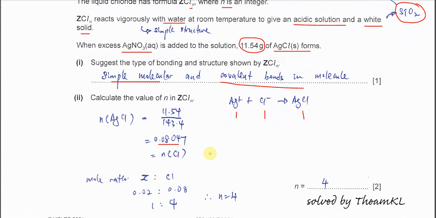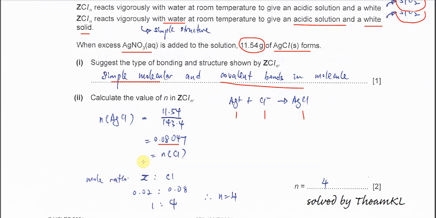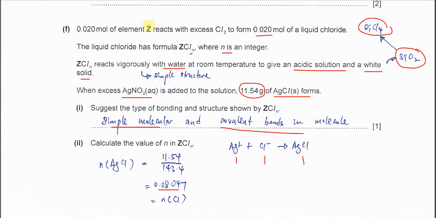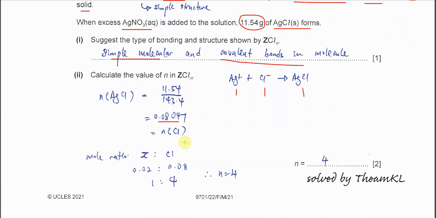Then we compare the mole ratio between the element Z, which is 0.02, to the moles of the chlorine, so 0.02 to 0.08. We will get 1 to 4, so N is 4.